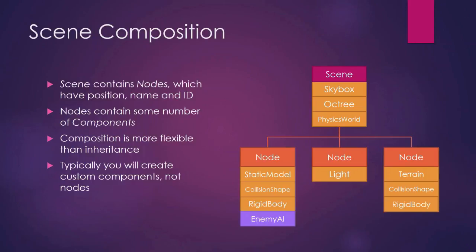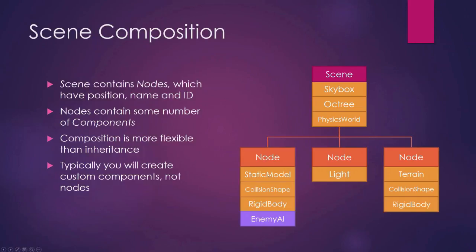And that AI component, whenever the scene was updated, might look around, inspect other nodes in the scene, and based on what's going on in the scene, it might move its parent node around. And you can also see other things in this little scene here.